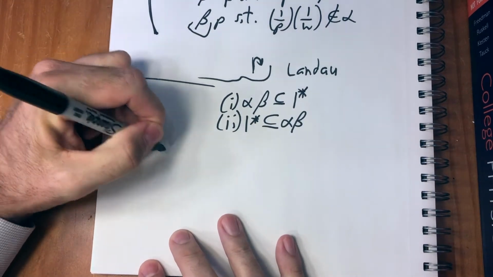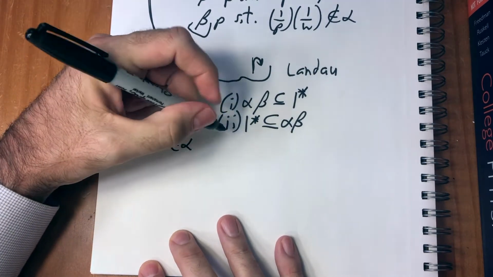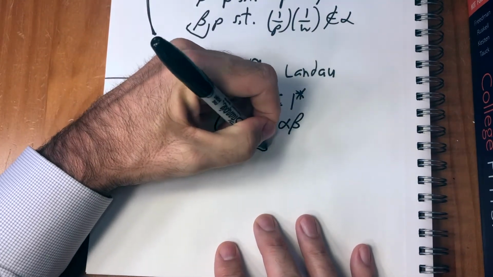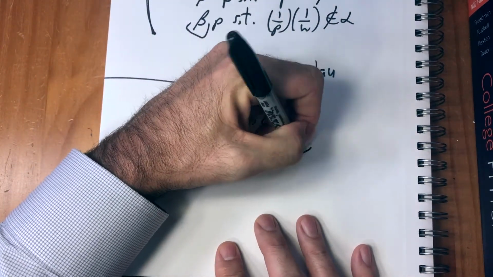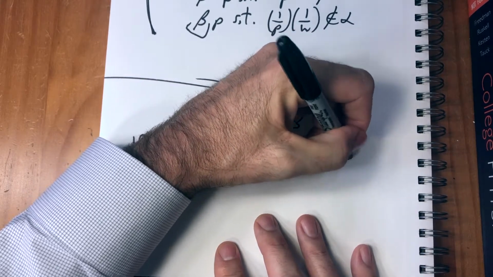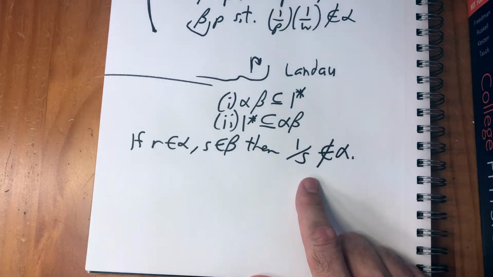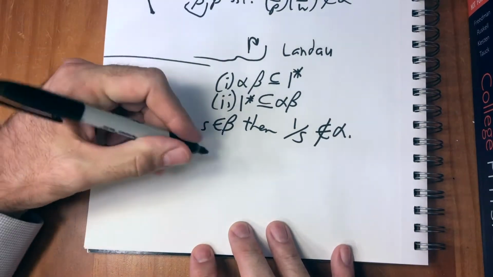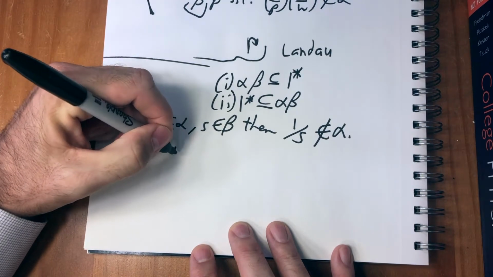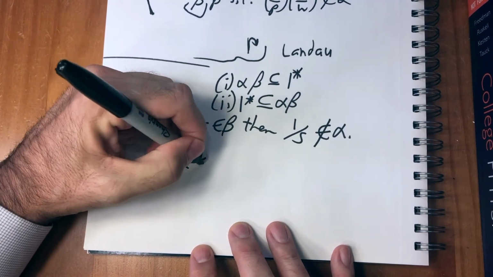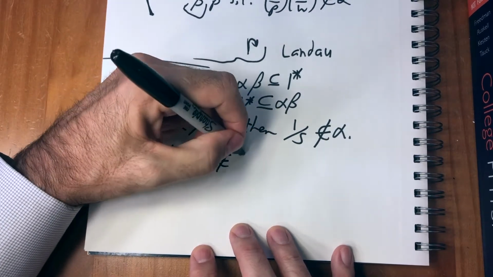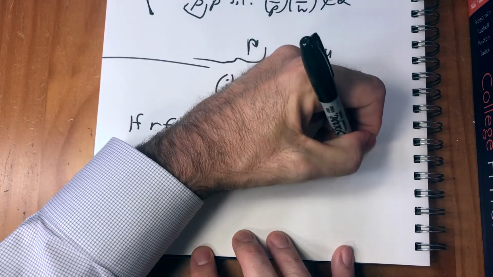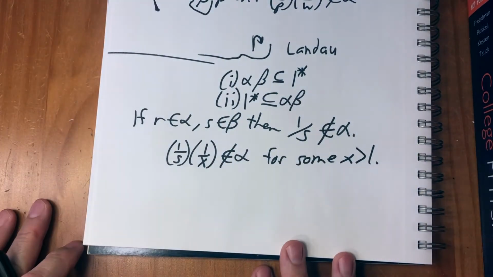So if r is an element of alpha and s is an element of beta, then 1 over s is not an element of alpha. First, why is this? This is because if s is in beta, that means by definition that 1 over s times 1 over x is not an element of alpha for some x greater than 1. That's our definition of beta.